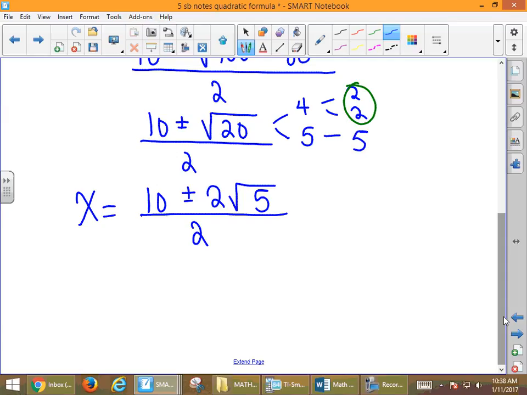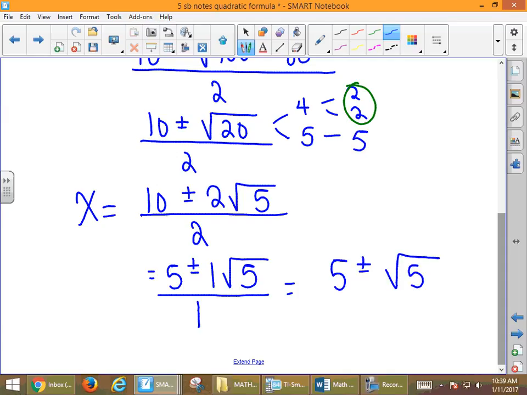It turns out that these are all even numbers, and even numbers are divisible by 2. 10 divided by 2 is 5. 2 divided by 2 is 1. You don't have to write that 1. 2 divided by 2 is 1. If we write it in a little bit simpler manner, we get 5 plus or minus square root of 5, which is our exact answer.